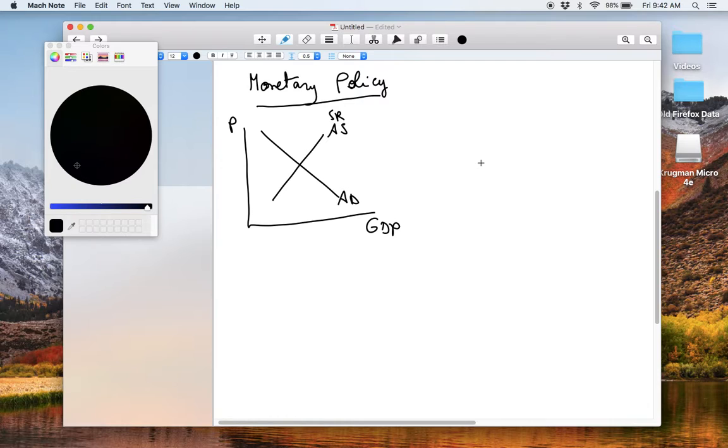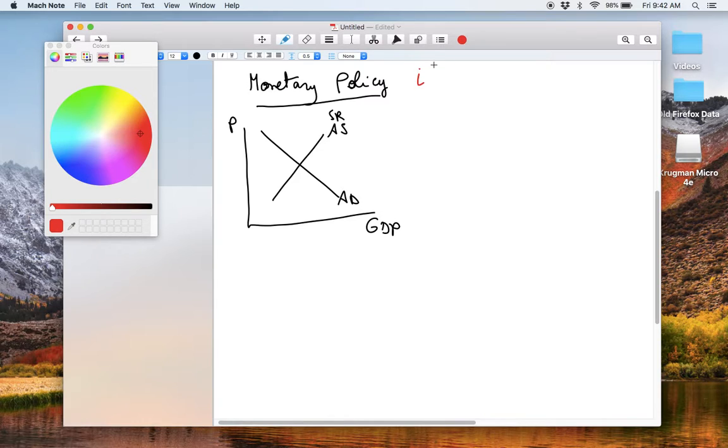And let's say that interest rates go down. With expansionary monetary policy, the way they would lower interest rates is they would buy bonds. The Fed, the FOMC, would buy bonds in the open market operation.